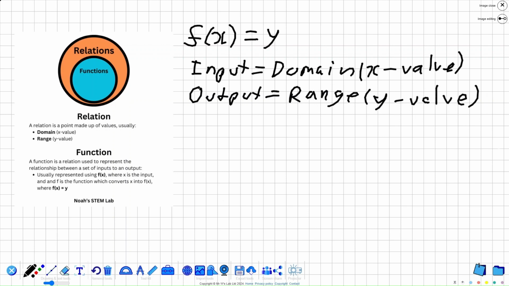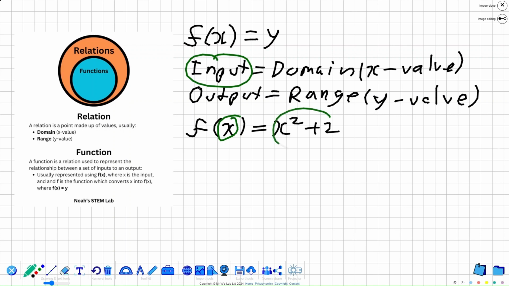Looking at this in terms of an equation, let's give a random equation such as f of x equals x squared plus 2. Looking at the individual parts, we have the x within f of x, which represents your input, so you input that into the equation, and then the output represents this whole thing here.